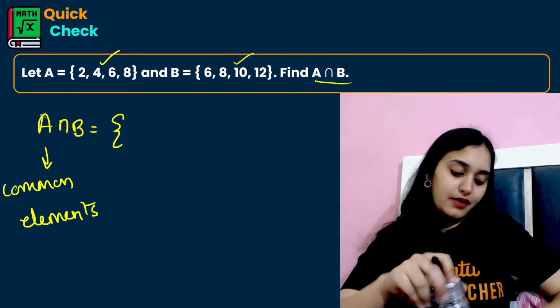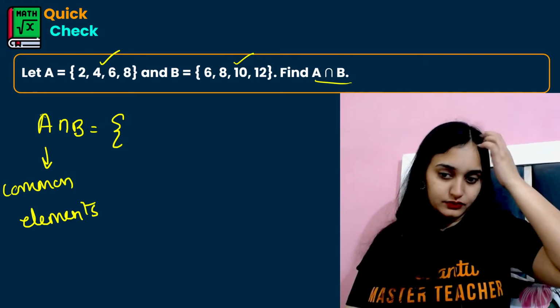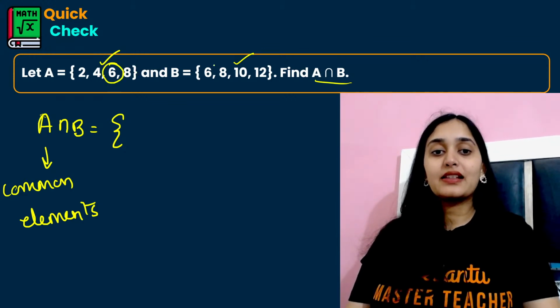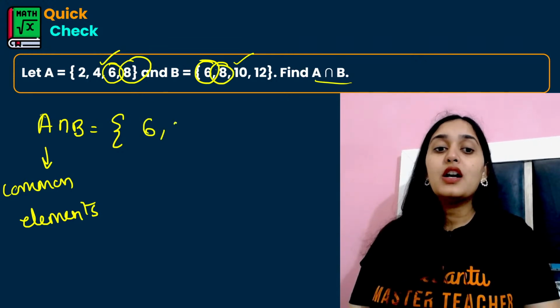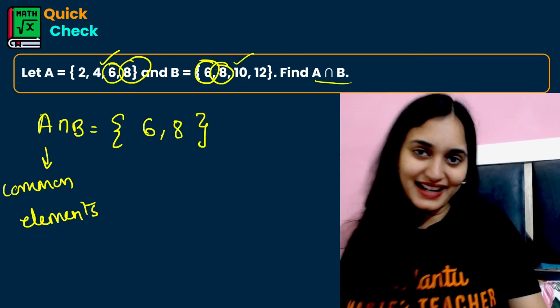Can anyone tell me what is common between set A and set B? Well, if you look at the elements, 6, 6, 8, 8. Anything else common between them? No. So, A intersection B will have 6 and 8.